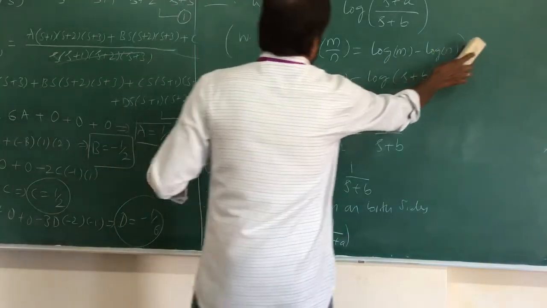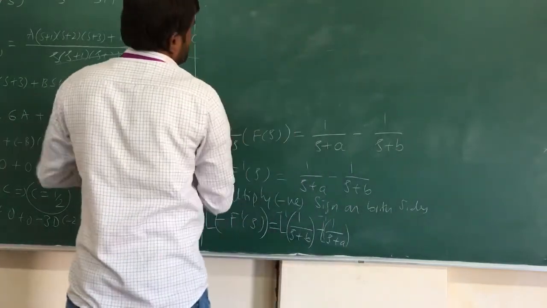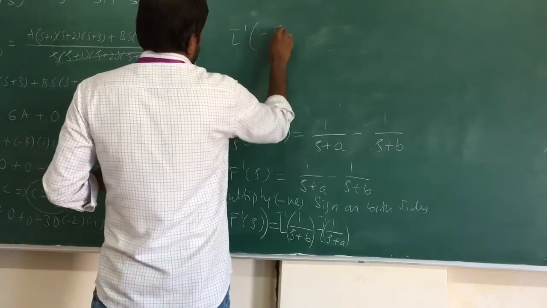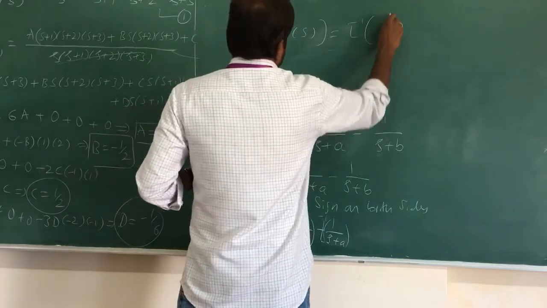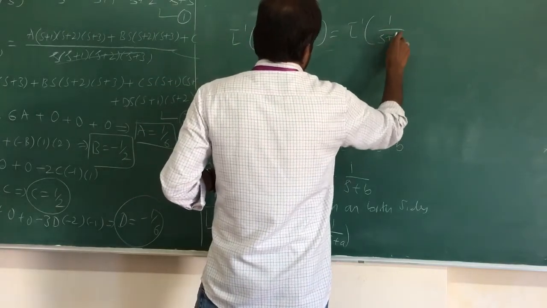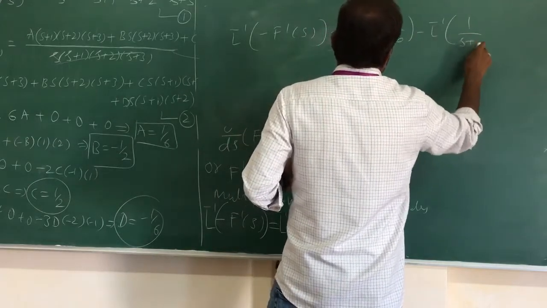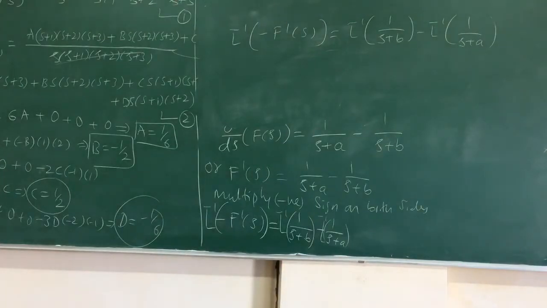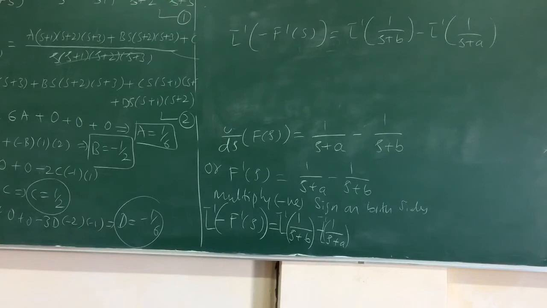Which is equal to the inverse of minus f dash of s equal to the inverse of 1 by (s plus b) minus the inverse of 1 by (s plus a). Okay.